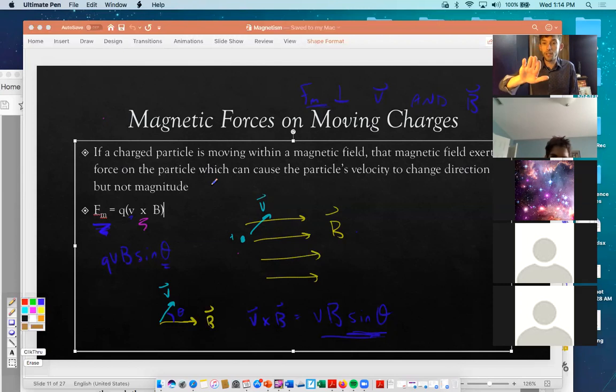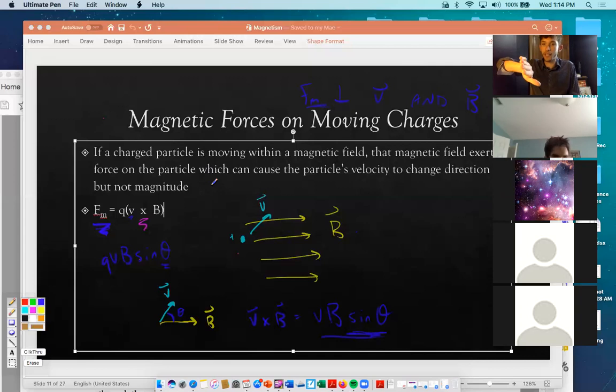So that you can swing the velocity vector onto the B vector, and that's the direction that you need to be able to curl your fingers. In this example problem, the velocity vector is up and to the right, but I need to turn my hand so that I can curl the fingers of my right hand in the direction I would need to swing the velocity vector so it would line up with the B vector through the smallest angle possible. If I hold my hand like this with my thumb pointing to me, that's the wrong way.